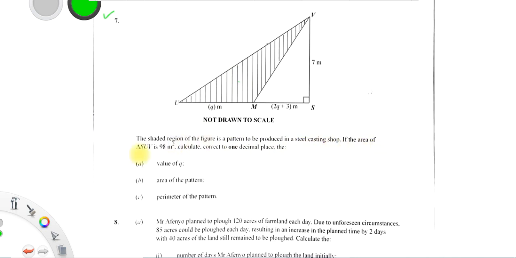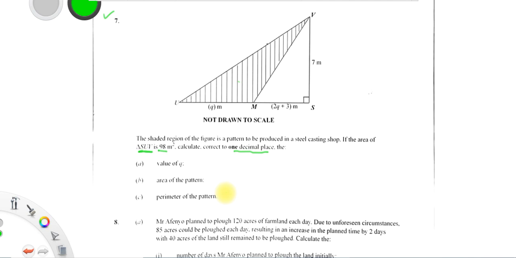If the area of triangle SUV, this is S, U, V, the whole triangle, is 98 meters squared, calculate, correct to one decimal place, A, the value of Q, B, the area of the pattern, and C, the perimeter of the pattern.